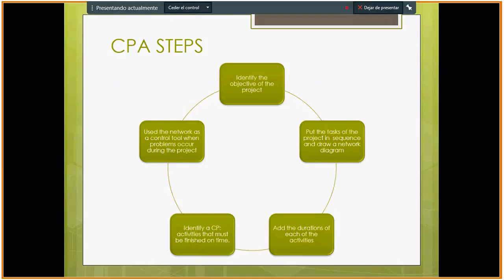The third is add the durations of each of the activities. Another step is identify CPA activities that must be finished on time. Another is use the network as a control tool when problems occur during the project.